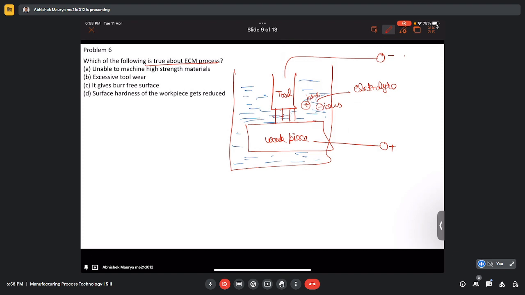Tool is negative, so positive ions will come and get collected over here, and negative ions will come and get collected near the workpiece. Because of this applied potential, there will be a reaction between the negative ions and the workpiece material.